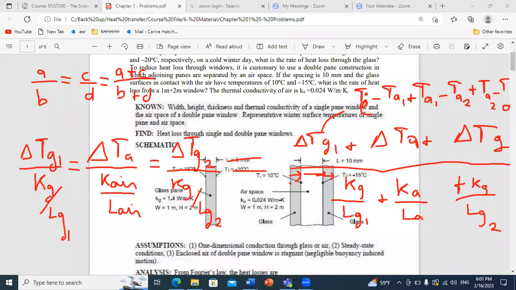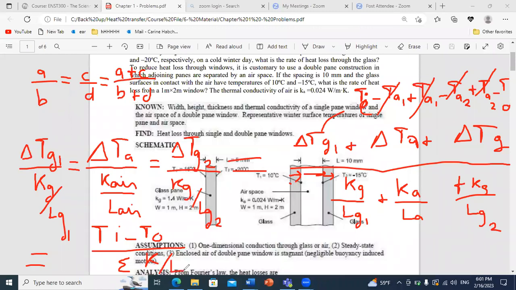So as you can see, minus T A1 plus T A1 minus T A2 plus T A2 will cancel out. You will end up only with T inner minus T out, over the summation of K over L. We will see together that we call these terms resistance terms, and now we'll discuss them.